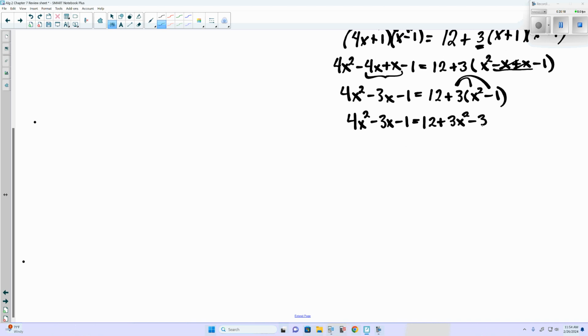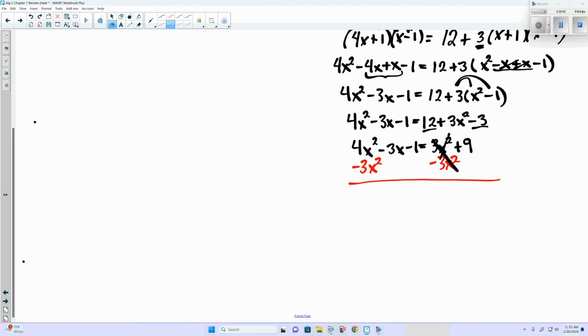We good? Now, we do need to combine like terms one more time, because we didn't have any like terms till we had to distribute, because our negative 3 and 12 are like terms. 12 minus 3 will give us plus 9. And at this point here, because we have an x squared term, we need to get this equal to 0. So we would subtract 3x squared from both sides.